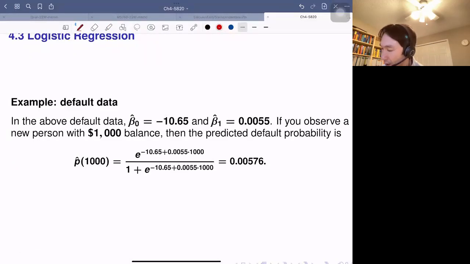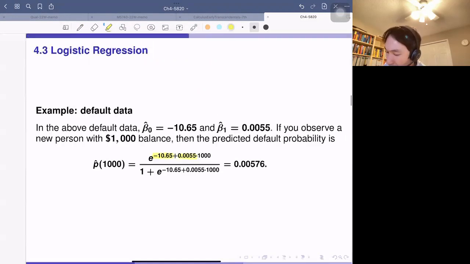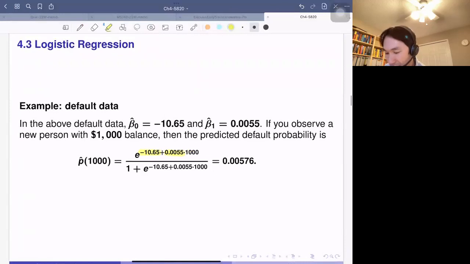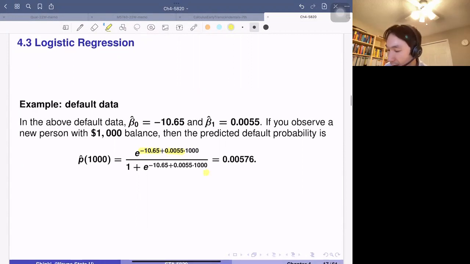So this is one example. The intercept beta naught hat is here, and this is the slope, the beta 1 coefficient for the balance. If we have a new data point with $1,000 balance, then the default probability is calculated as this, and it is actually 0.00576.